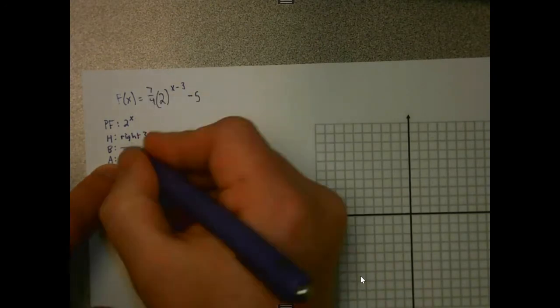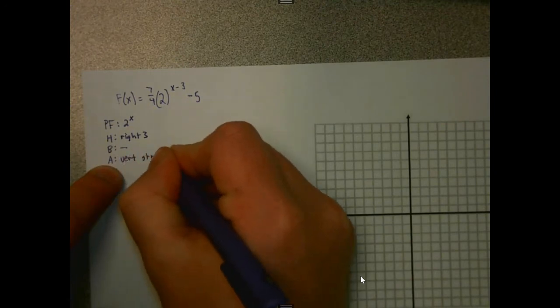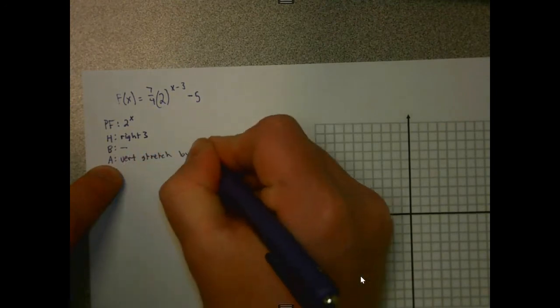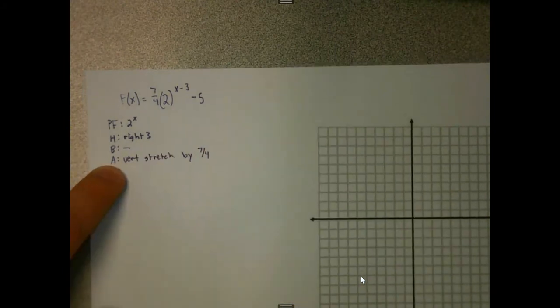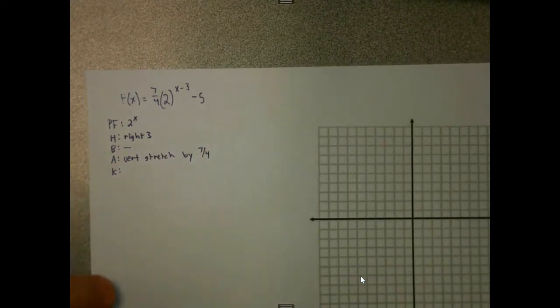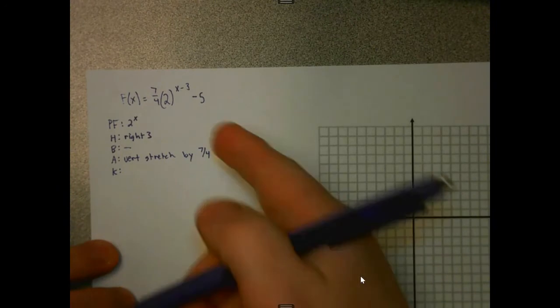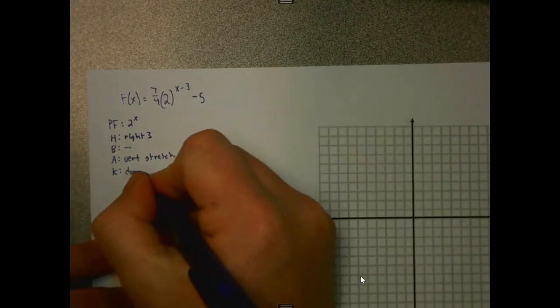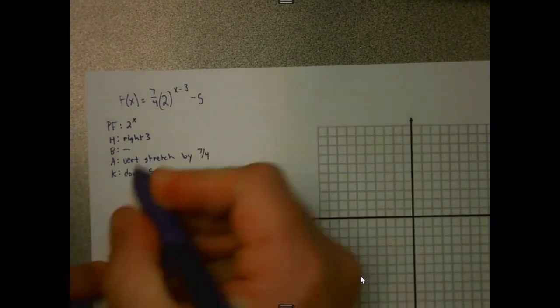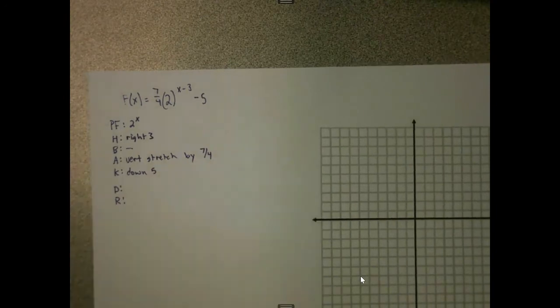A is here out front, and because this is bigger than 1, it's actually going to be a vertical stretch by 7/4. Okay, so we're multiplying those y values by 7/4, and then the minus 5 goes down 5. We'll fit in our domain and range here after we graph.